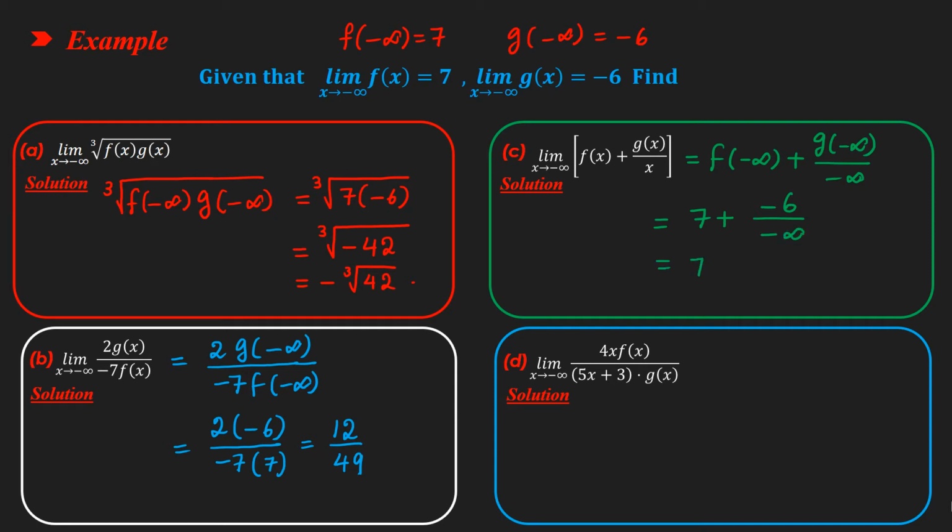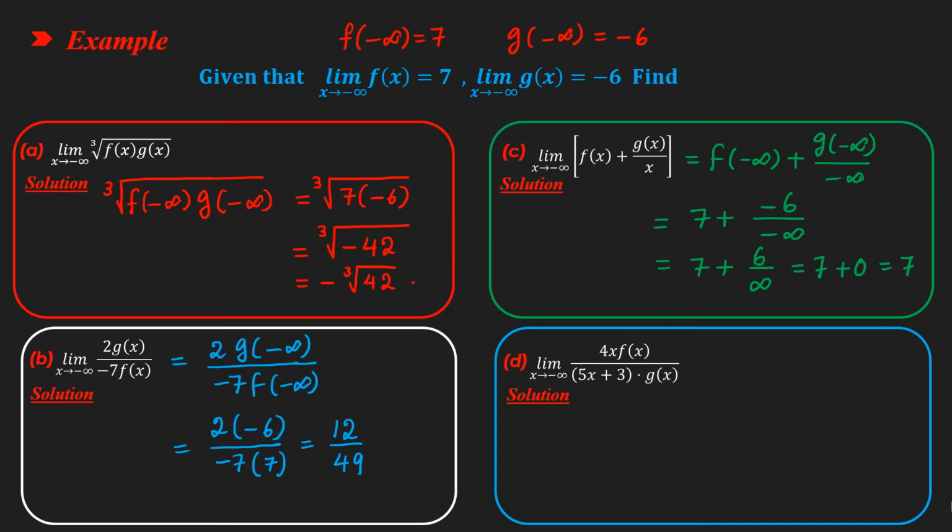So we have 7 plus 6 over infinity, and any number divided by infinity equals 0, so we have 7 plus 0, and the final answer of this limit is 7.